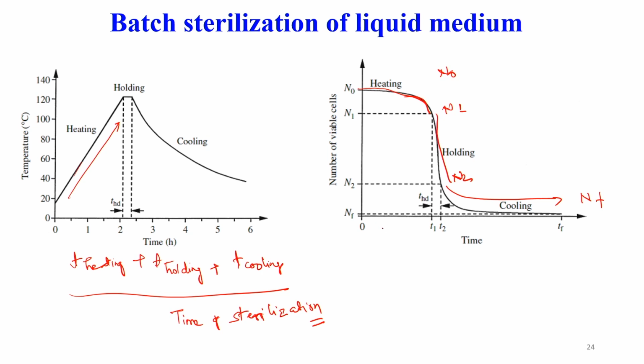Now, you can see on the x axis the time taken for the heating, and the number is decreased to N1, time taken for the holding, the number decreased to N2, and time taken for the cooling, the number decreased to Nf.